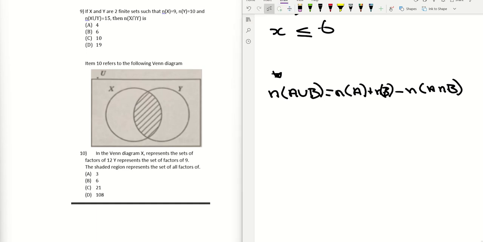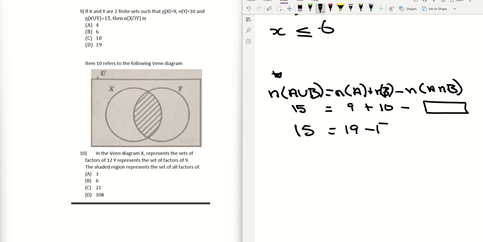Let's put in the values. They told you that the union of A and B is 15. Well, they didn't say A and B, they said X and Y, right? So 15 is equal to the number of elements for X, which is 9, plus the number of elements for Y, which is 10, minus, we don't know what this value is. So 15 is equal to 19 minus something. So that something we can see is 4, right?